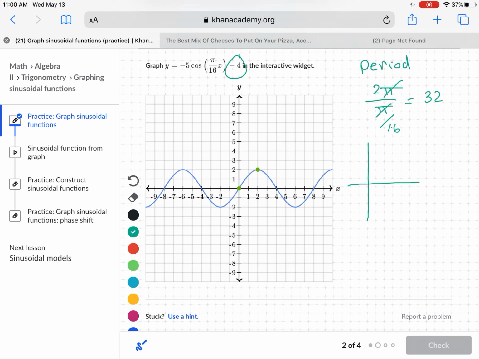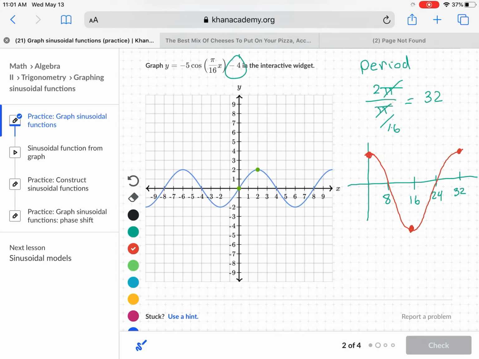So I'm going to put on my vision board half, which would be 24. And if this was just straight up cosine, it would start at 1, end at 1, and in the middle hit its minimum. So it should look kind of like that.